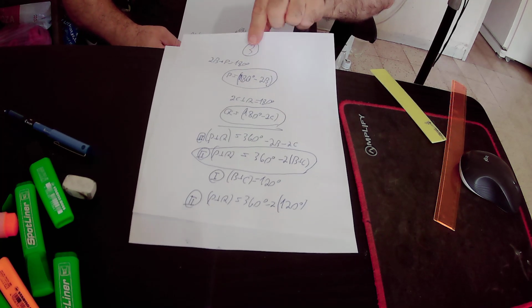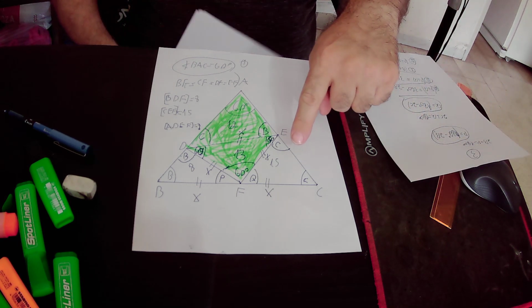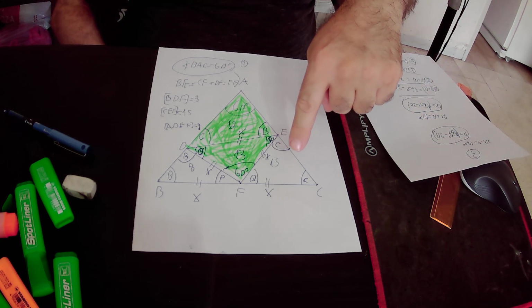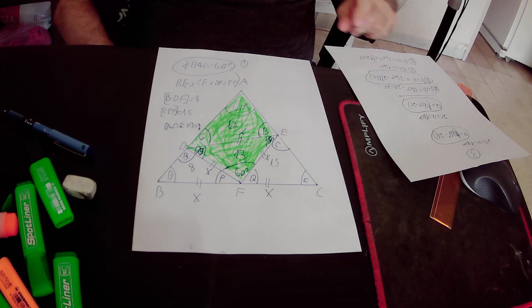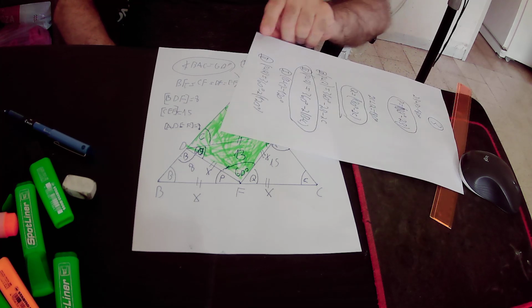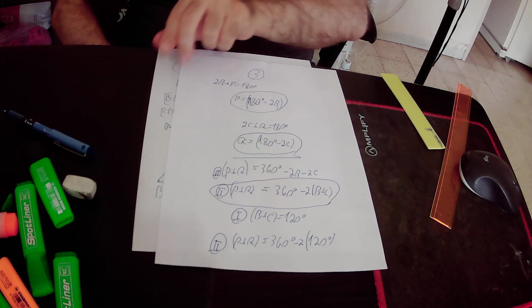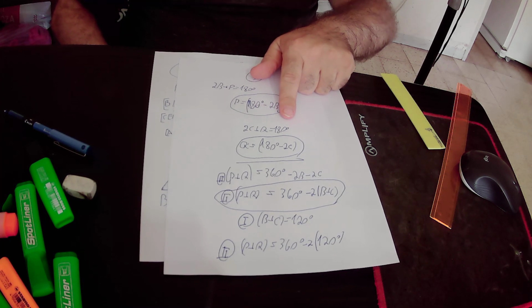And the same rule we have in triangle EFC. The sum of its angles is equal to 180 degrees, so 2C plus Q equals 180 degrees according to rule number 1.